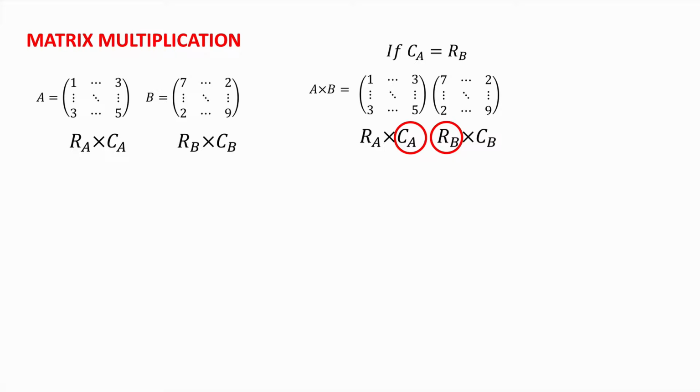When this happens, the result of multiplying A and B would give me a matrix that has an order RA by CB. Now, if the column of the first matrix is not equal to the row of the second matrix, then we say that this matrix cannot be multiplied, so it's non-conformable.